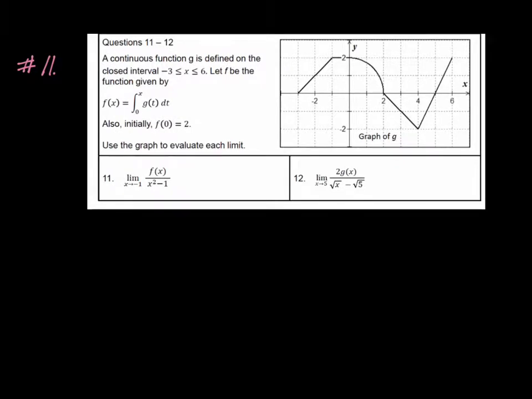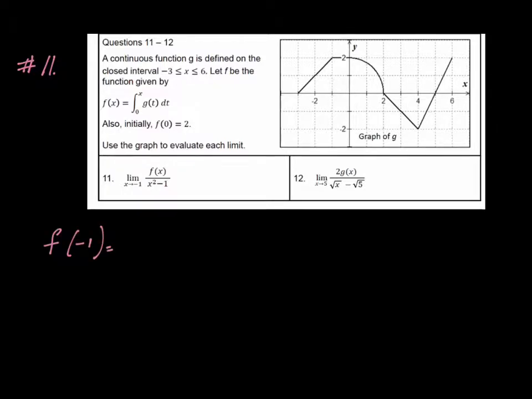Number 11 wants the limit as x approaches negative 1 of f of x over x squared minus 1. Well, you don't know if you can take it until you find what f of negative 1 is. So, direct substitution. Let's do f of negative 1.